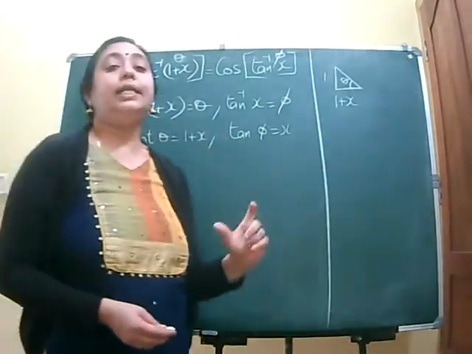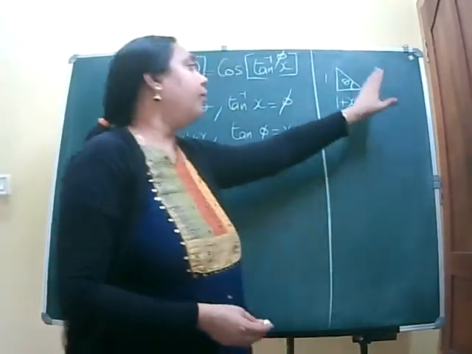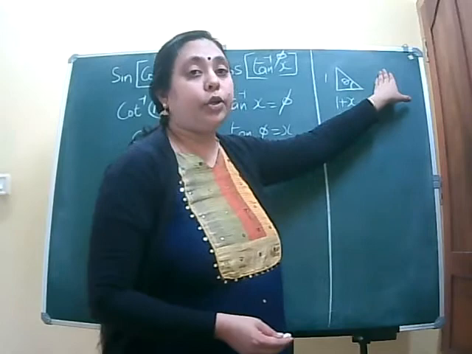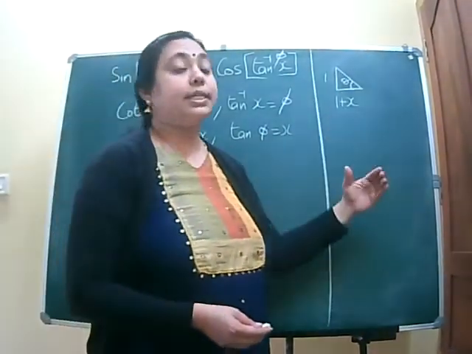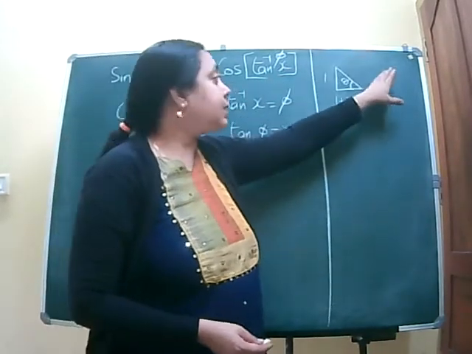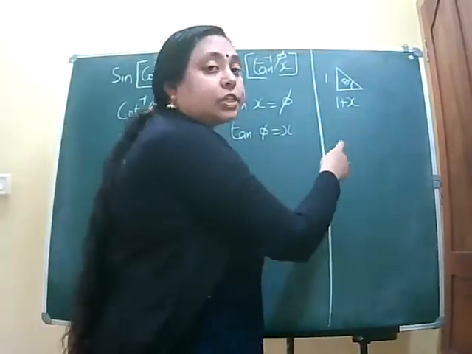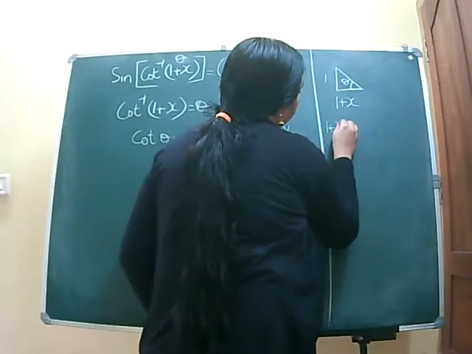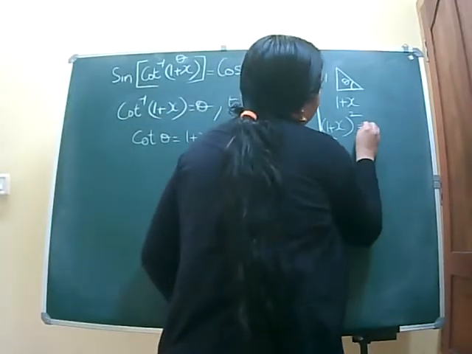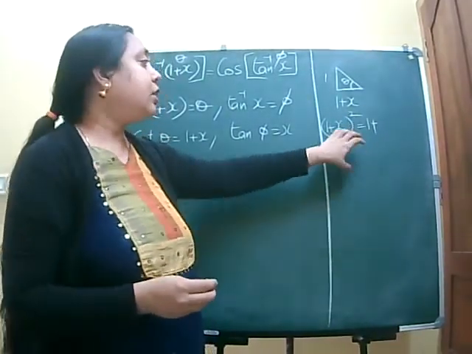Now, from the value of cot theta, we have to find out the value of sin theta. We know that sin theta is opposite side by hypotenuse. So, we have to find out the value of hypotenuse. We know that Pythagoras theorem is base square plus altitude square is hypotenuse square. Here base square is 1 plus x the whole square.